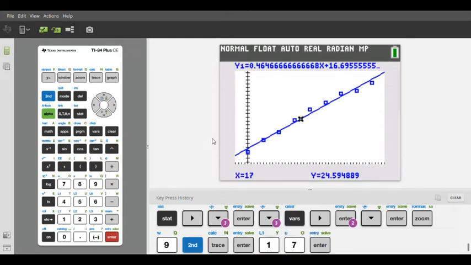That's what you have to type in. You don't necessarily type in the year they give you. You have to figure out how many years after the starting year it is. So 2027 is 17 years after 2010, and we have to use the 17. I'm going to round to 2 decimal places here. I'm going to say it's 24.59%, and we'll write that down as well on your notes.